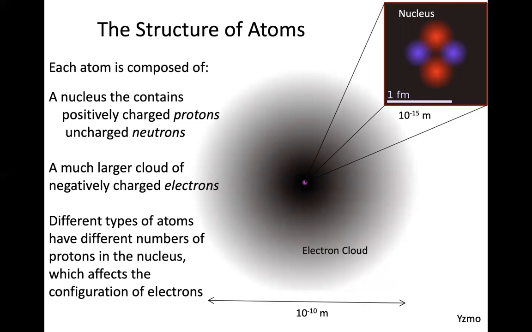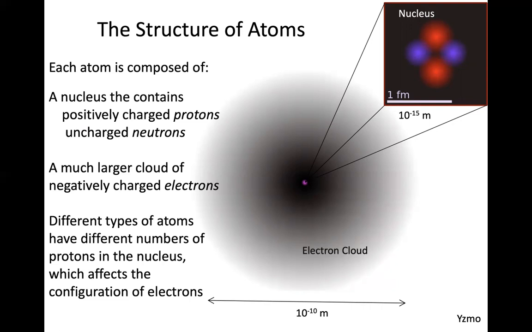The thing is, those configurations of electrons have some unusual properties that fundamentally do not make sense because they're very different from anything we can experience. Now, those electrons are held in place because they're attracted to the nucleus.